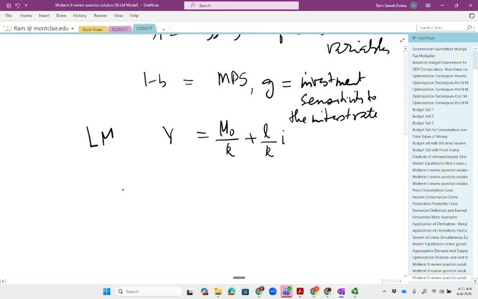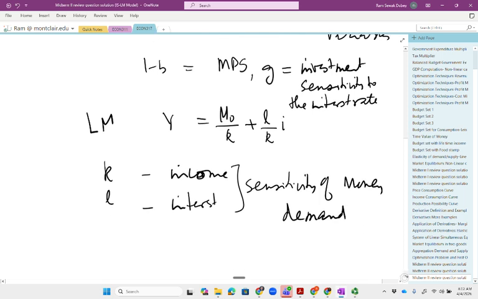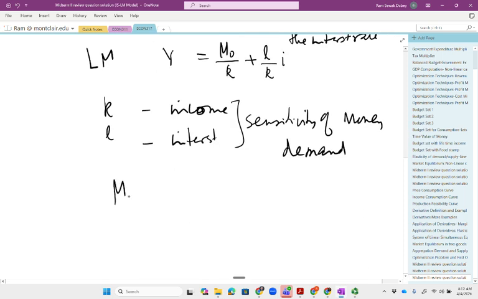Here k and L are sensitivities: k is the income sensitivity and L is the interest sensitivity of money demand. M0 is the real money balance.